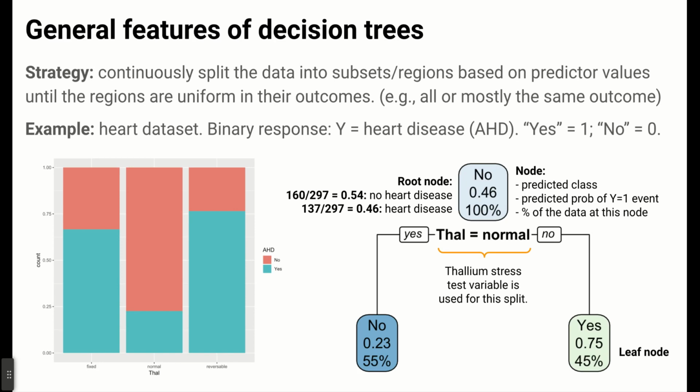Since the majority of cases at this node, in this data subset or region, don't have heart disease, the predicted class is no. The 0.75 on the right leaf indicates that among the 45% of cases who have a non-normal stress test result, 75% have heart disease. Since the majority of cases at this node have heart disease, the predicted class is yes.